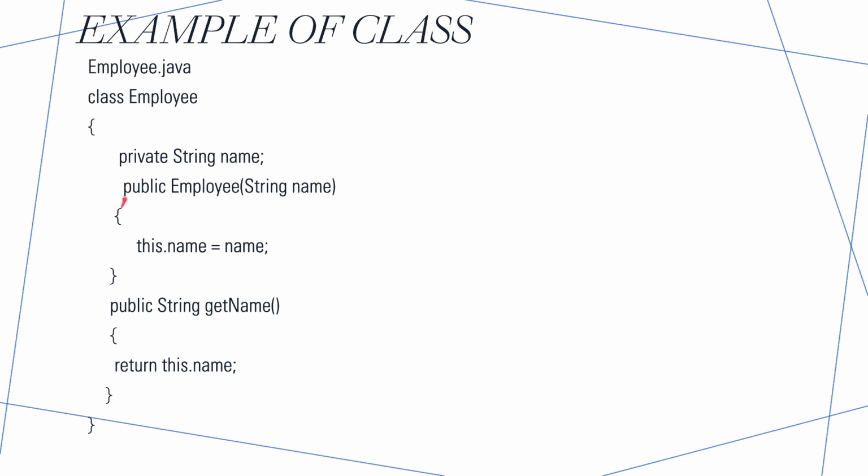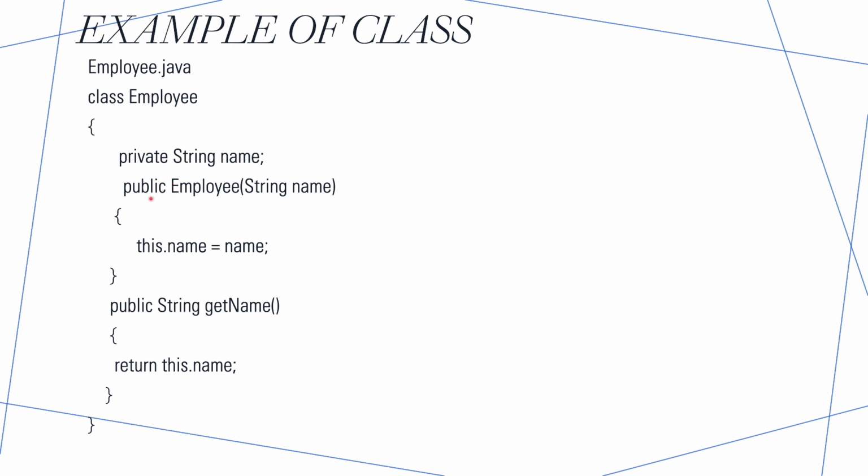After that we have public Employee(String name). Now this is a special method, because this is known as a constructor. A constructor has the same name as our class name, and it does not have a return type. This is similar to a method, but we don't have any return type here.